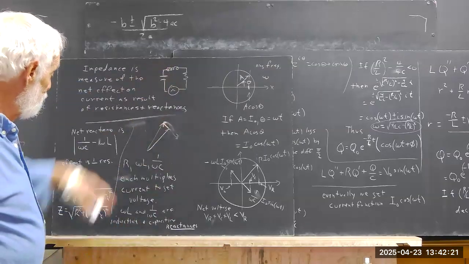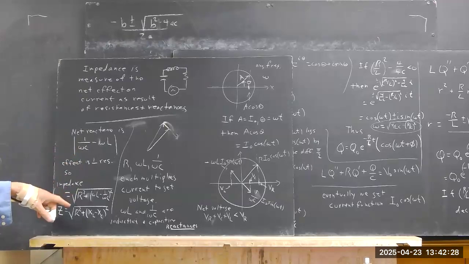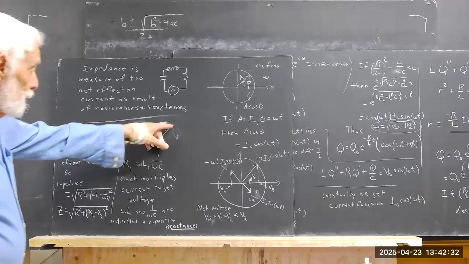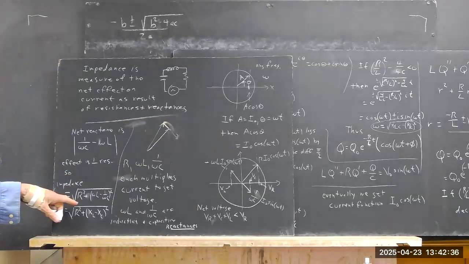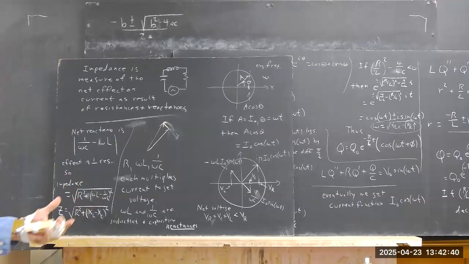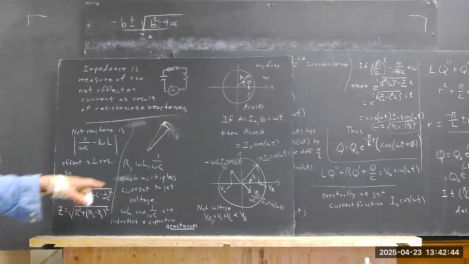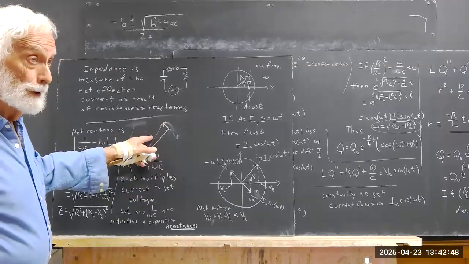Put all that together with the ideas of inductive reactance and capacitive reactance, and with this diagram we get a pretty good idea why we take the square root of the sum of the squares of the total reactance and the total resistance, because of the way this diagram is created.